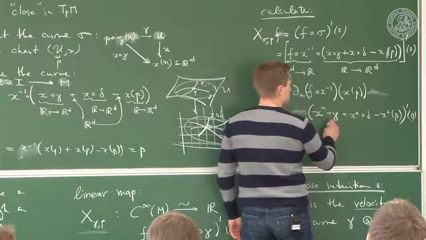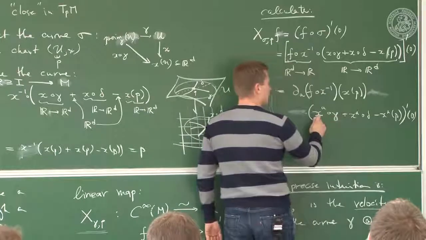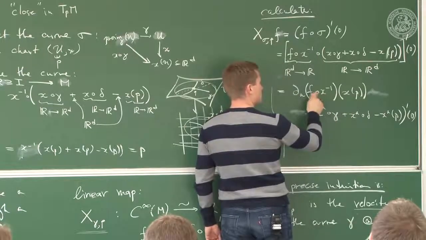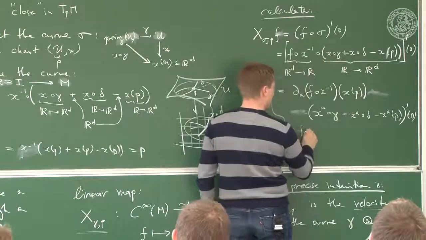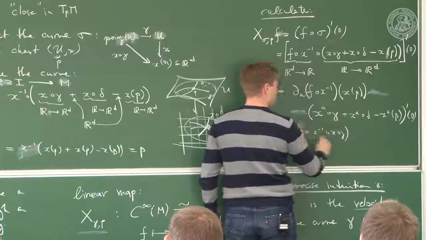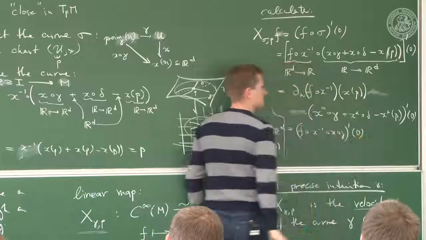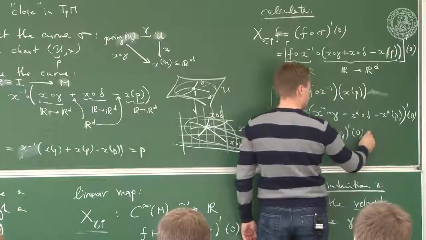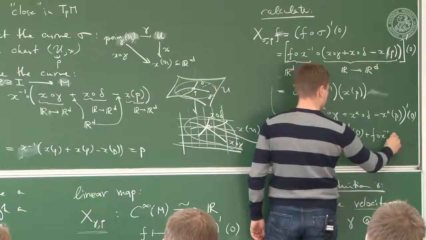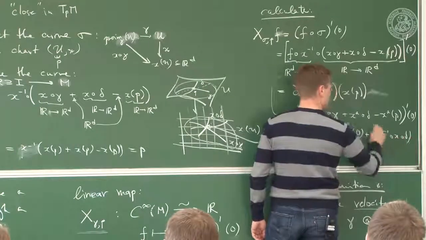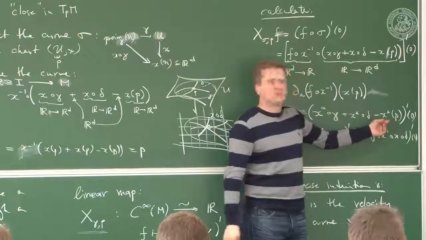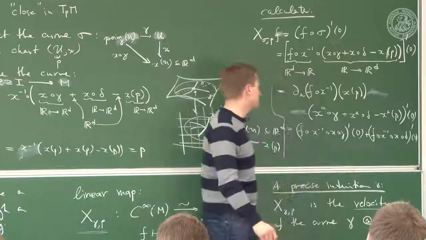And it acts on the first factor to get you x^a gamma prime, but this recombines with this guy here to f after x inverse after x after gamma prime at position 0. The second factor does the same thing. It recombines with f after x inverse after x after delta derivative at position 0. And the last one is, of course, 0 because it's the constant function.